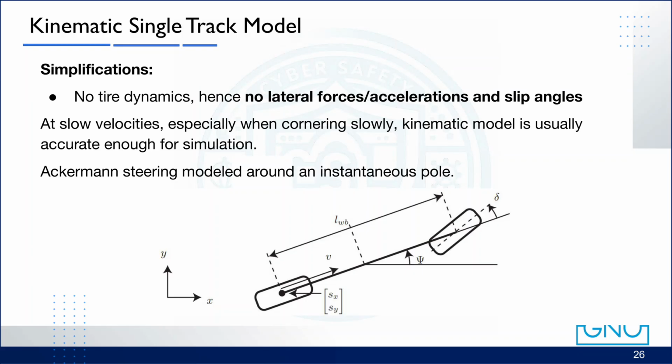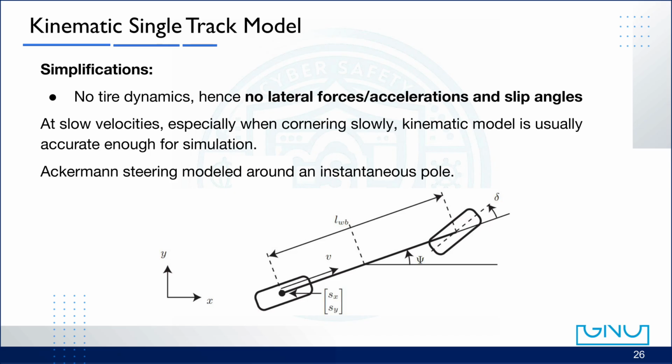Finally, the slip angle is the small difference between the direction your tire is pointing and the actual direction your vehicle is moving. Even though the tire is rolling forward, the friction causes it to slightly twist relative to the direction of travel. That angle difference is called the slip angle. But in a kinematic model, we ignore all of that.